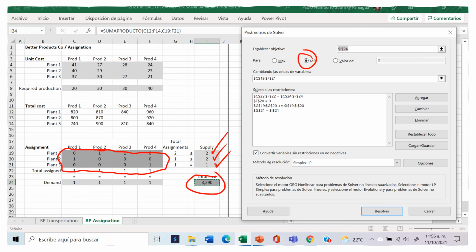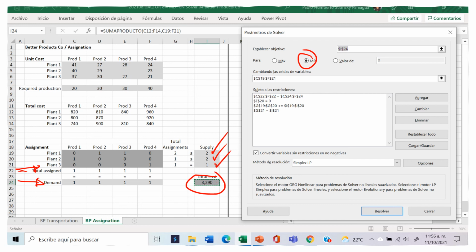Our changing variable is going to be the area with the dark gray. And here we have 4 main restrictions. The first one is we're saying that the total assigned should be equal to the total assignee. Also, here instead of putting a value of 100, we're leaving it blank.